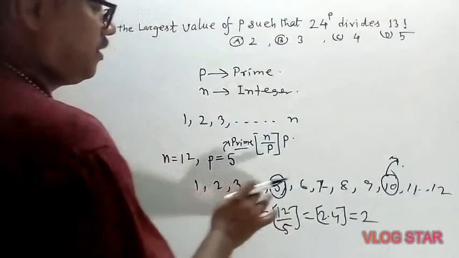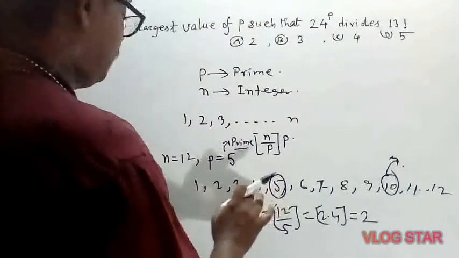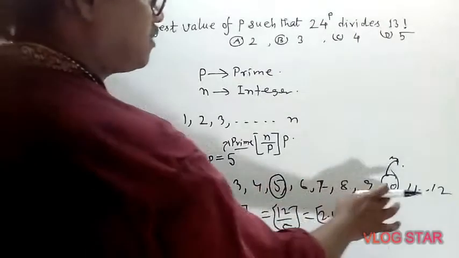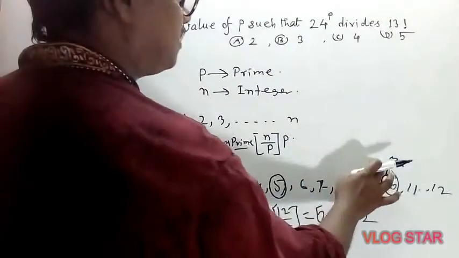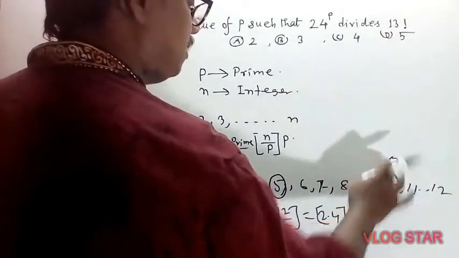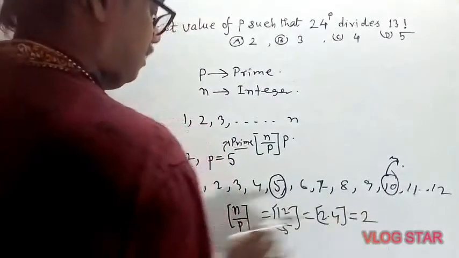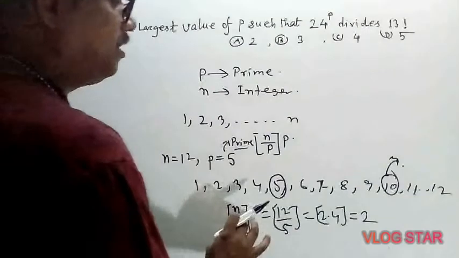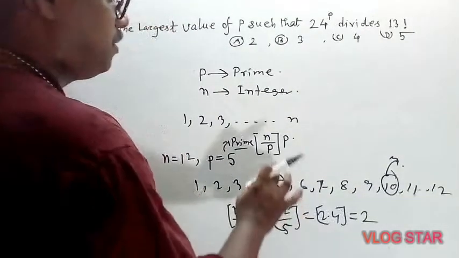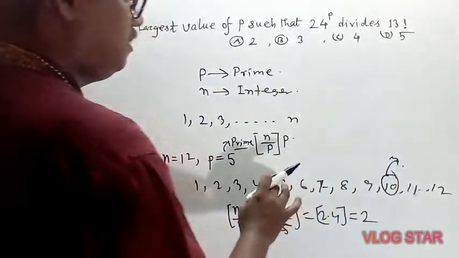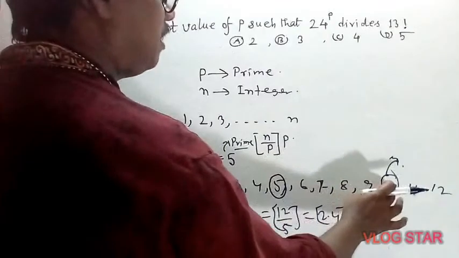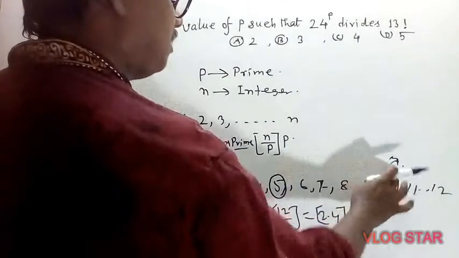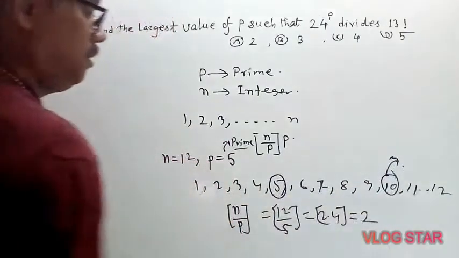The numbers divisible by 5 are this and this. This is the first and the second. Second means 2. That is, the greatest integer value of n by p gives the sequence number, in how many places the last number divisible by p occurs. Second place, so it is 2.